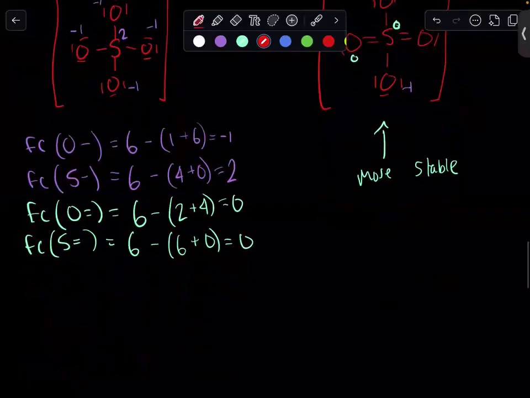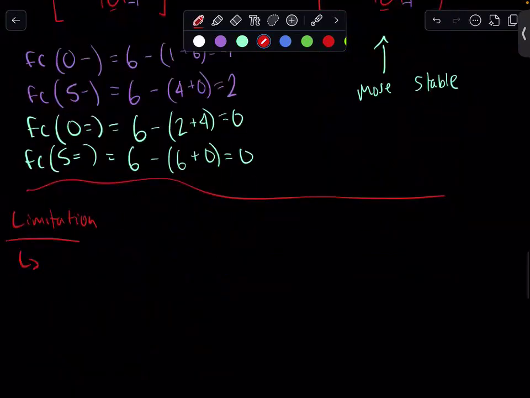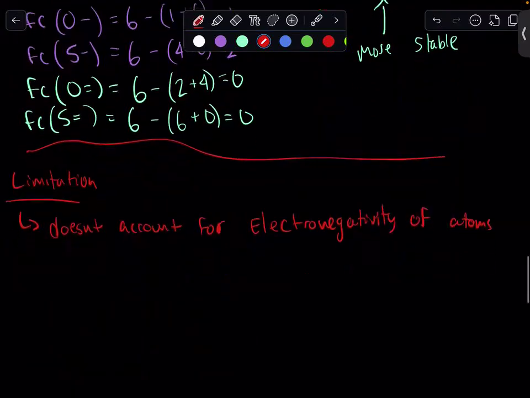All right, so the last part of formal charge is more of a limitation. One of the limitations of formal charge, and the main one, is that it doesn't account for electronegativity of atoms. So what do I mean by that?